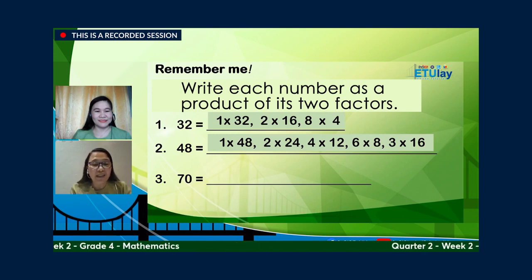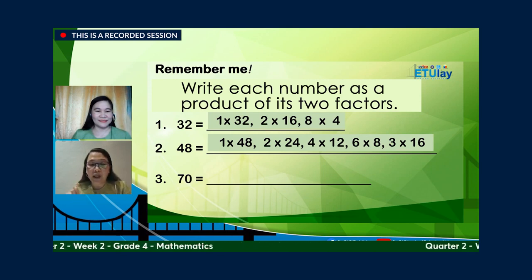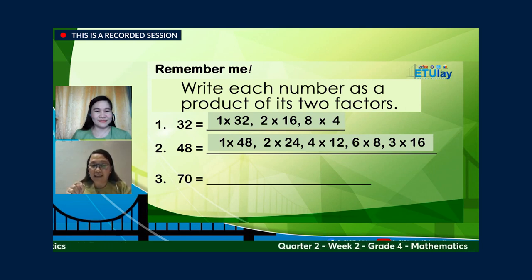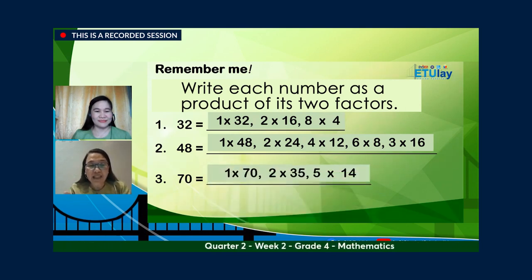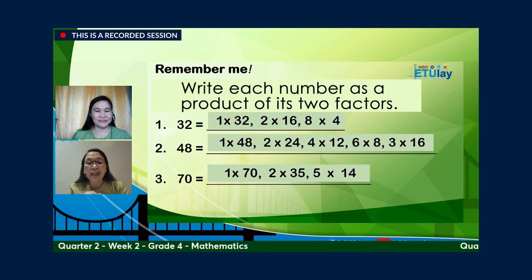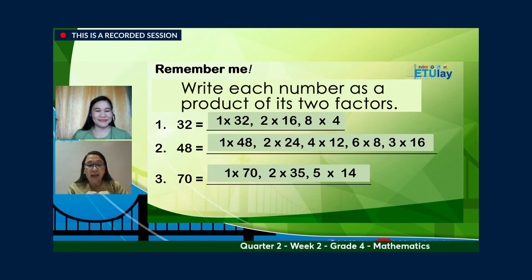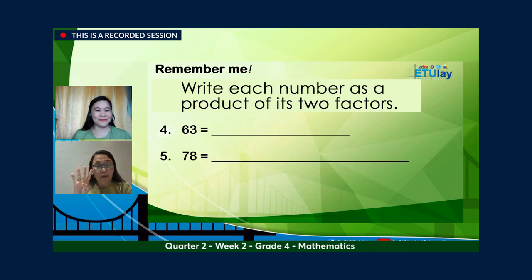For number 3, write each as a product of two whole numbers. We have there 70. Learners, what are the two whole numbers that you can write? If you write 1 times 70, 2 times 35, 5 times 14, magaling mga bata. Tama ang inyong sagot. Let's go now to number 4.